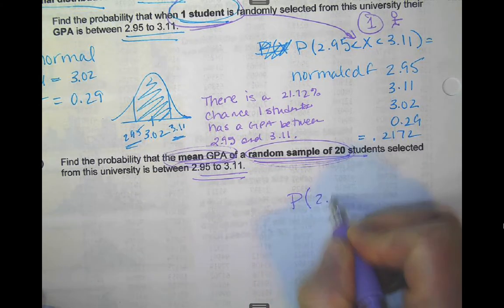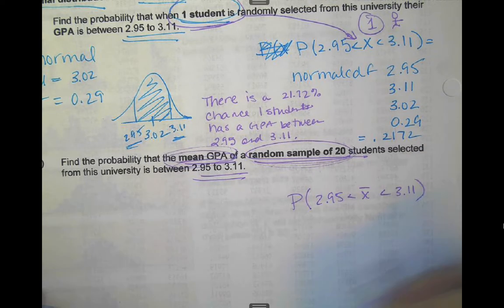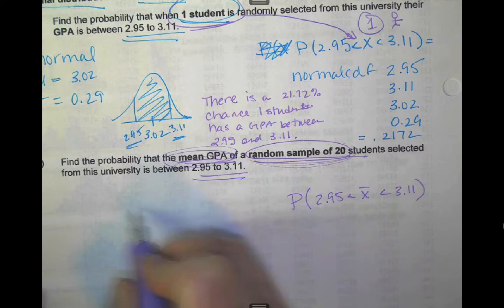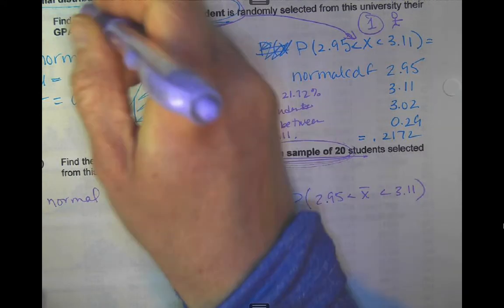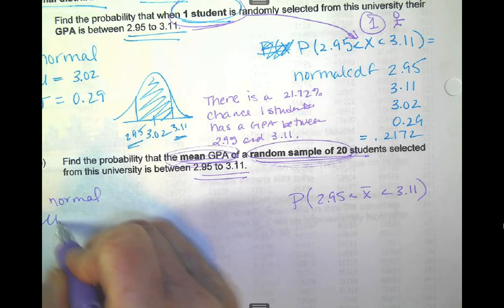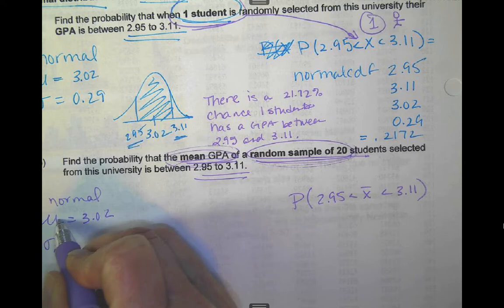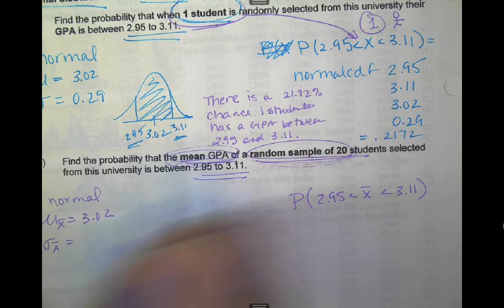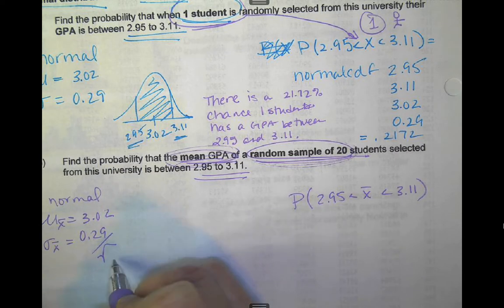So I want to find this probability. Now I know that the sampling distribution is normal because the population is normal. My mean of all these is 3.02. This is the mean of x bar. My standard deviation of all the x bars is 0.029 divided by the square root of 20.